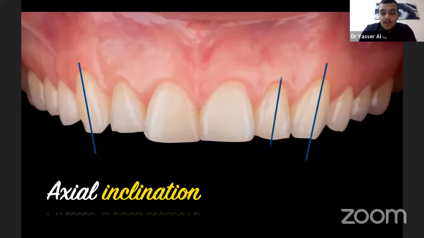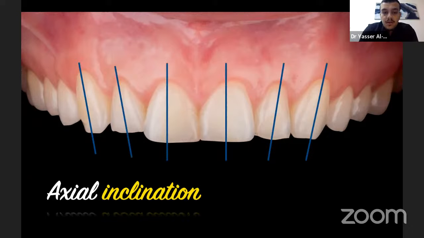Axial inclination of the teeth. The teeth in general are not straight; the axis of the tooth is inclined. The axis of the centrals is straight, but when we go posteriorly, the axis of the tooth is inclined distally, such as the laterals and canines. For the canine, the axis of the tooth in general, from the incisal or occlusal to the root, is inclined distally.